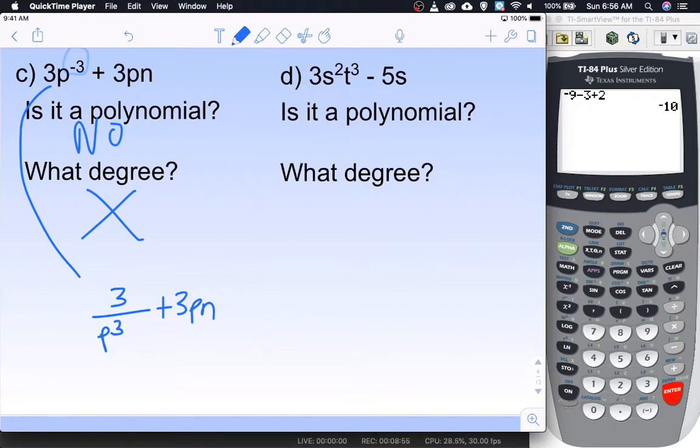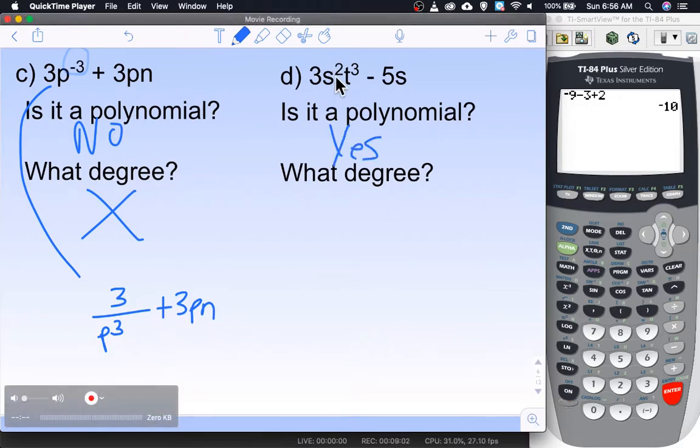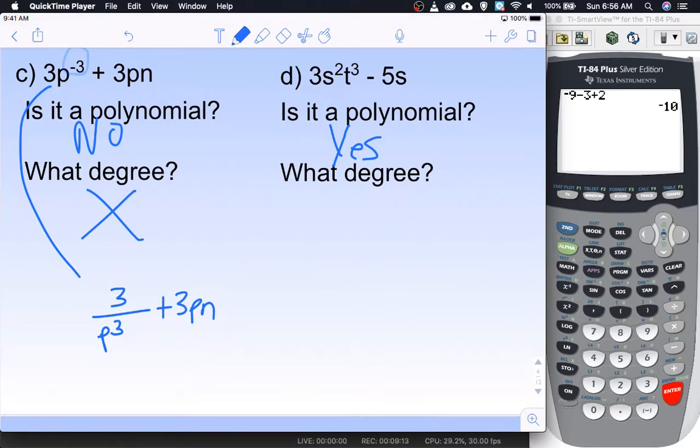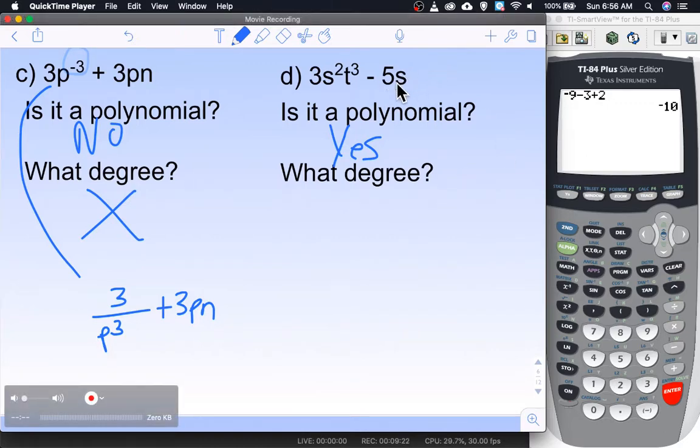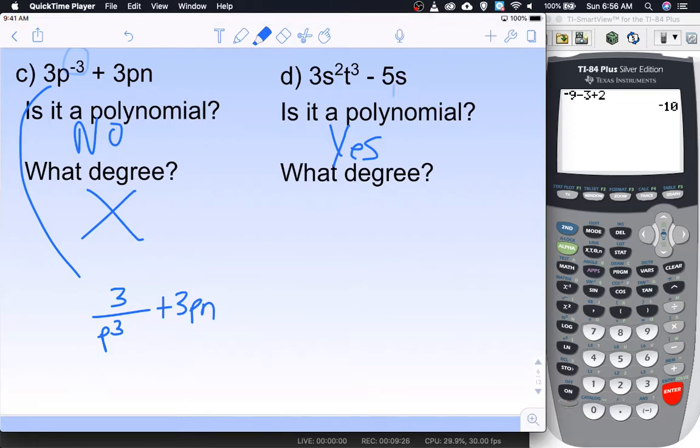Letter D. This is a polynomial. There's nothing wrong there. You're allowed to have multiple variables. Each variable can have their own exponent. So now, what is the degree? The degree is the total exponents on the biggest term, meaning like this term right here, its exponents all add up to 1.